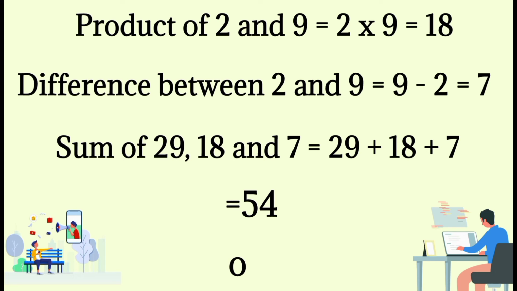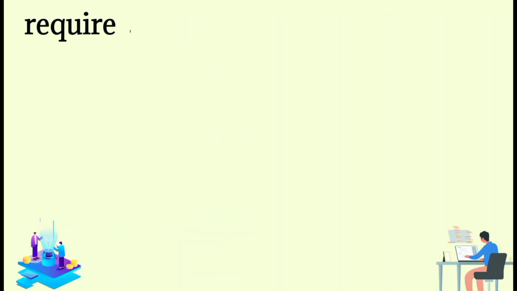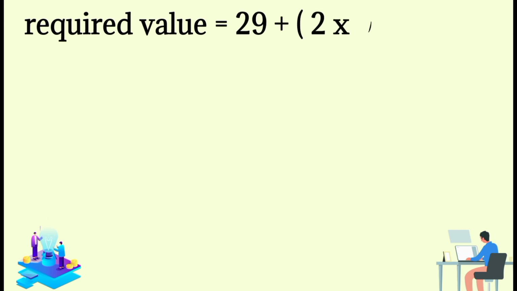So another way to approach it is to take them together. You will not take them individually, you will not separate them. So in this approach, you will take 29 first, which is 29 plus the product of 2 and 9 plus the difference between 9 and 2.